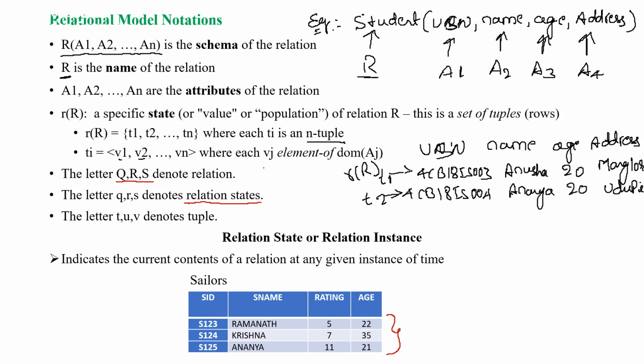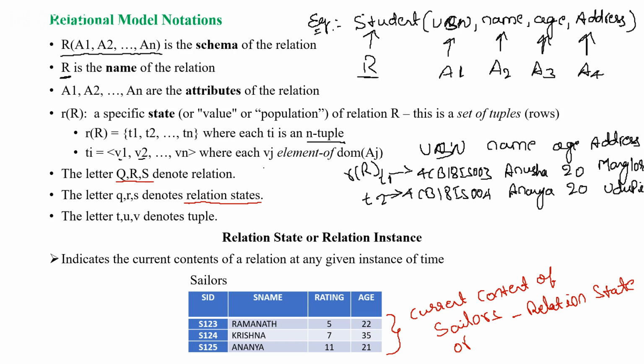For example, the current content of this particular Sailors table is the relation state. At this current state, we have 3 tuple values in this table, and therefore we call it a relation state or relation instance.